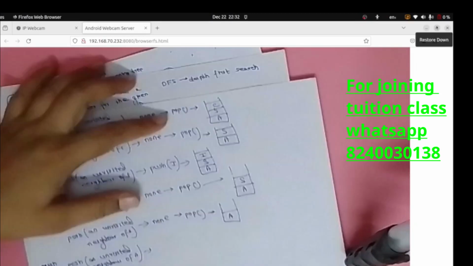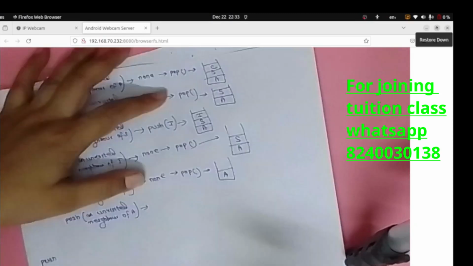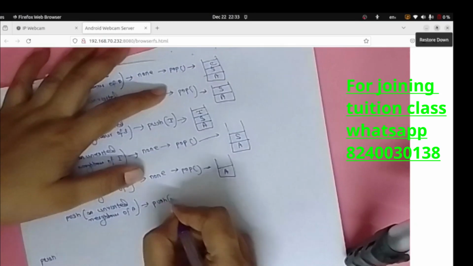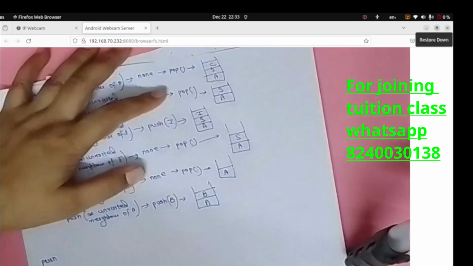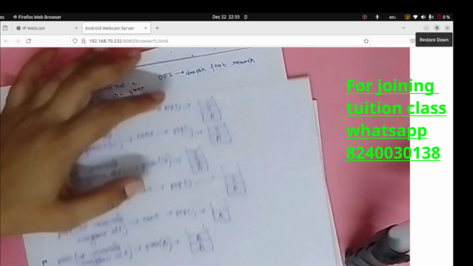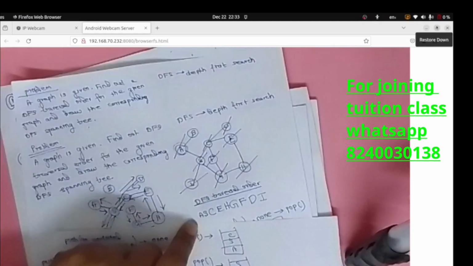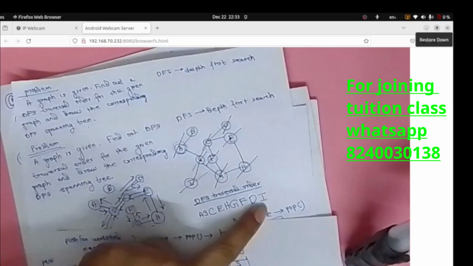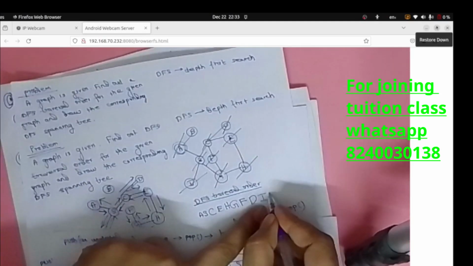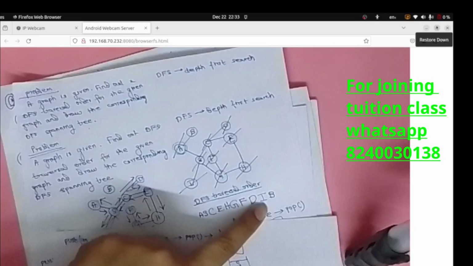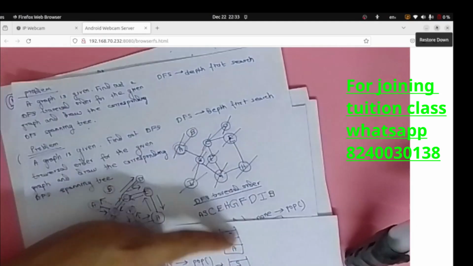So the next operation will be push B. The current content of the stack will be A, and B will be the topmost element of the stack. So B has been pushed into the stack. In this first traversal order, the next vertex will be B. As B has been pushed into the stack, we mark B as visited.